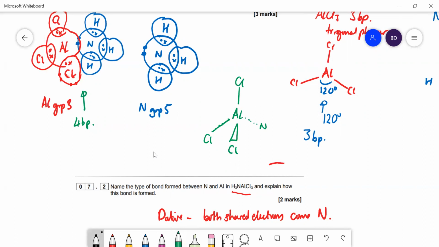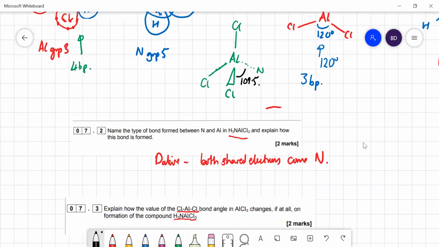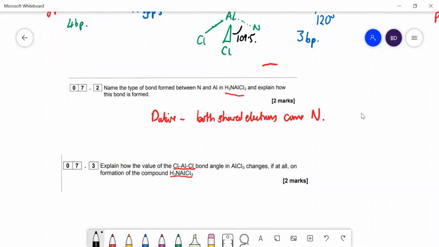It's tetrahedral, so the bond angle has now become 109.5, like you get in methane. So the bond angle has changed from 120, because it was originally trigonal planar around the aluminium atom, to 109.5 because it is now tetrahedral.